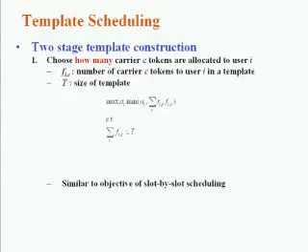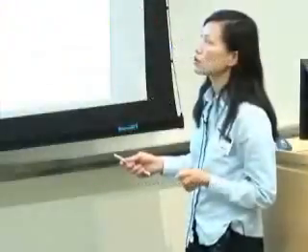One way to decide how many is to formulate it as an optimization problem using math programming. If A_I is the steady arrival rate for user I, then I can try to maximize the product of A_I and the minimum of A_I and this quantity. Now, this quantity is somewhat interesting.